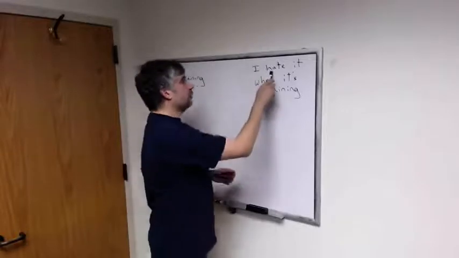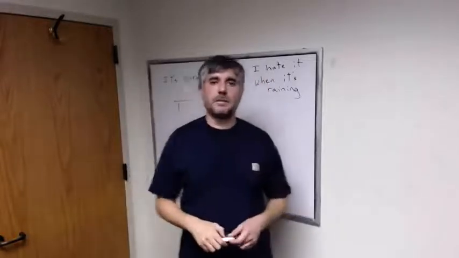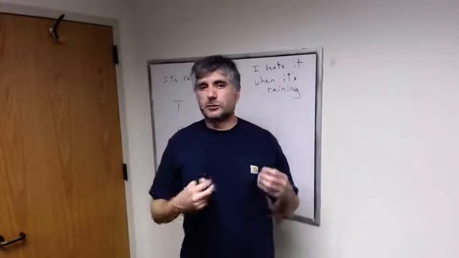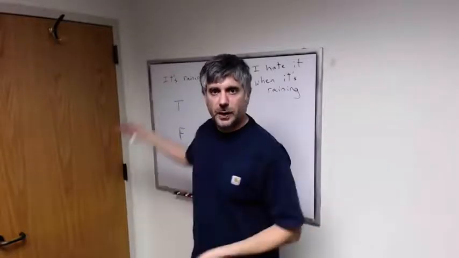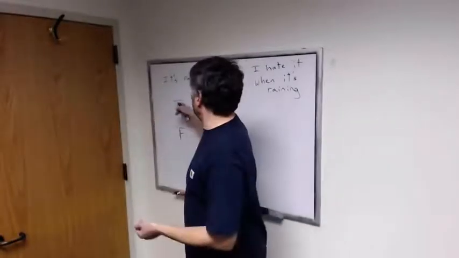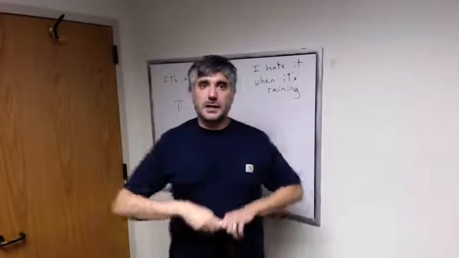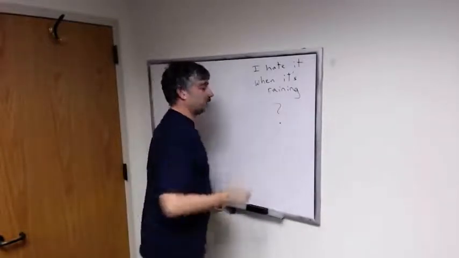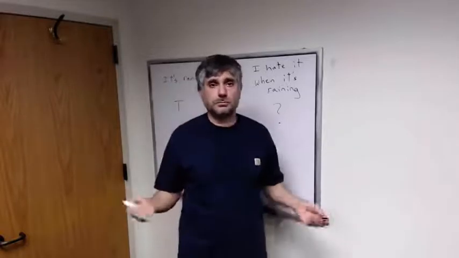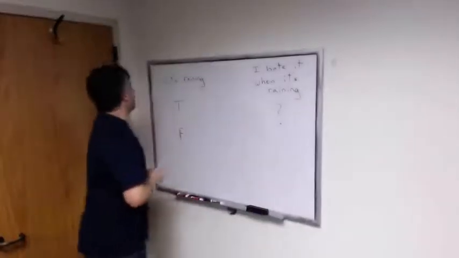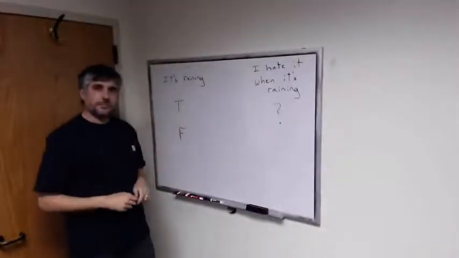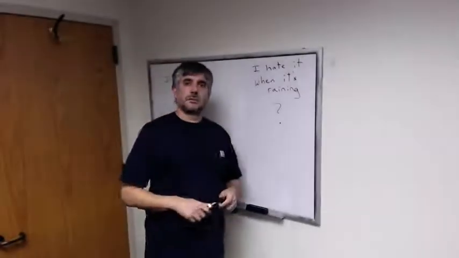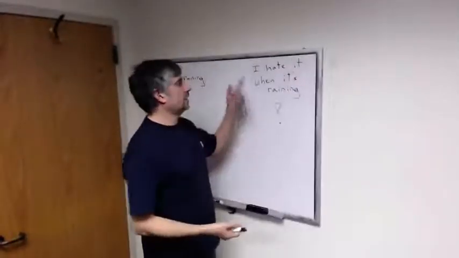So the truth of I hate it when it's raining isn't determined by it's raining. So if it's true that it's raining, it's unclear whether I hate it when it's raining. Could be true, could be false. Suppose it's false that it's raining. Then, is it going to be true or false that I hate it when it's raining?